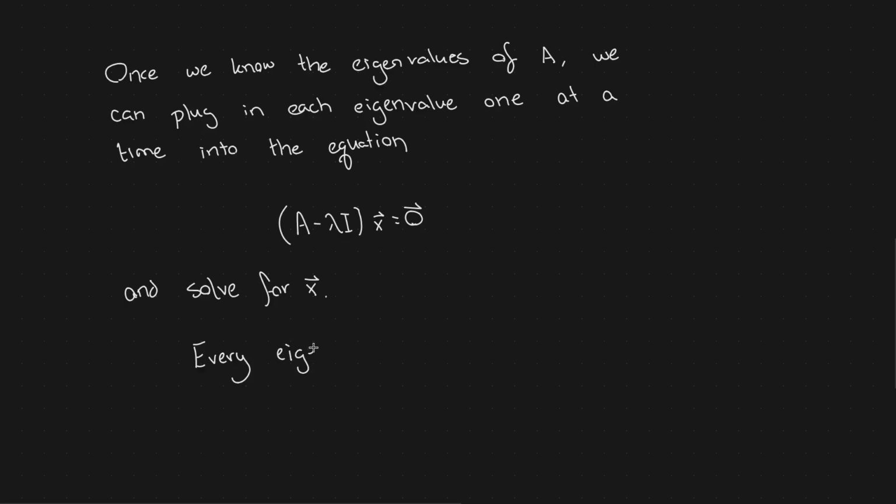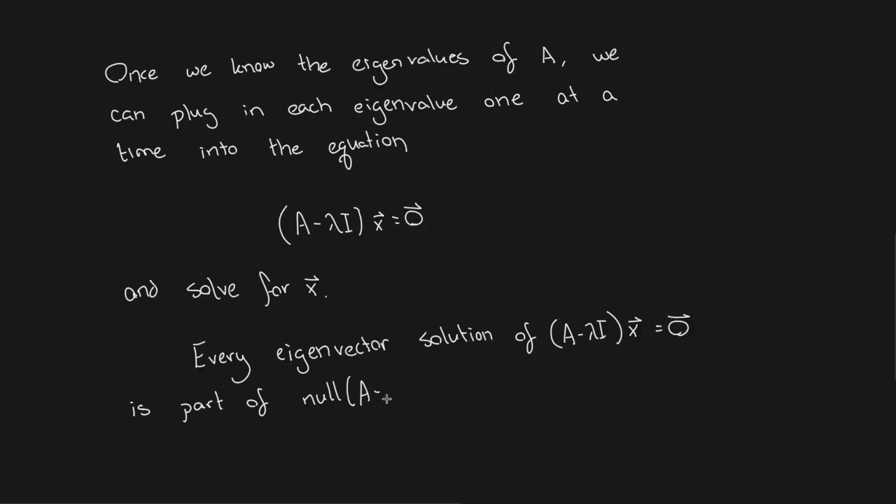Every eigenvector solution of A minus lambda I x equals 0 is part of the null space of the matrix A minus lambda I. That's what it means to be in the null space, right? It's a solution of the homogeneous equation involving that matrix, okay?